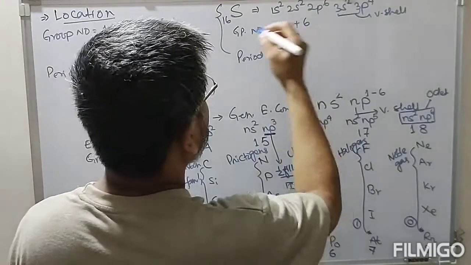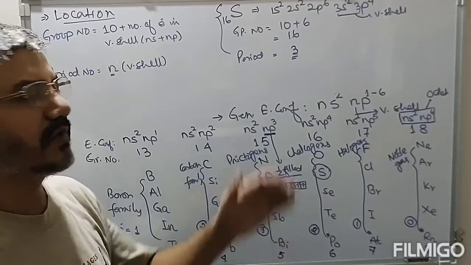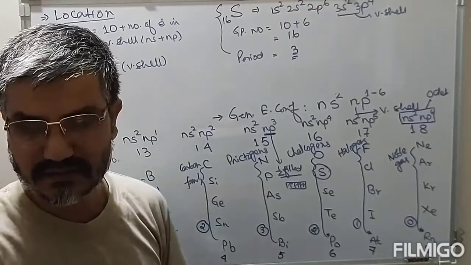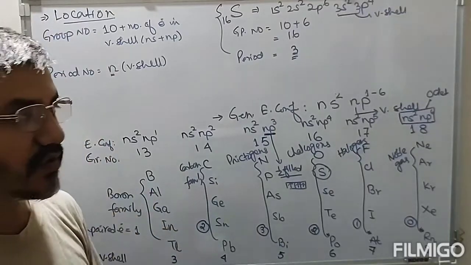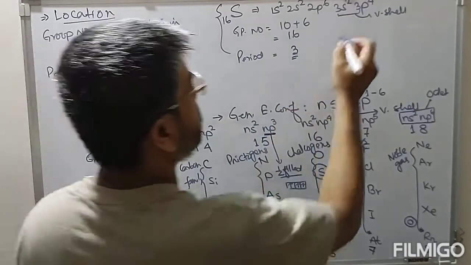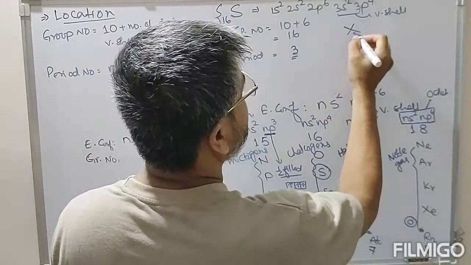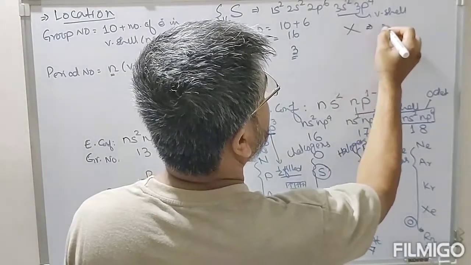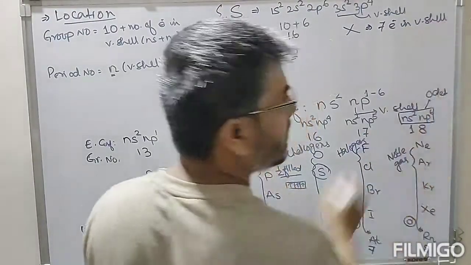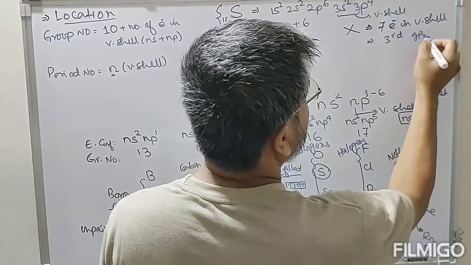One more example I will give you. Suppose an element X has 7 electrons in the valency shell, and this element belongs to the third period. We have to identify the element.